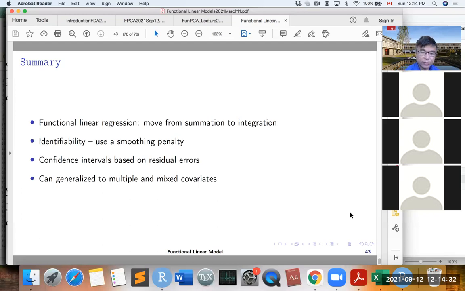We can also come up with confidence intervals based on the residual errors. The results can generalize to multiple and mixed covariates. Okay, so this is our introduction to the functional linear regression model.